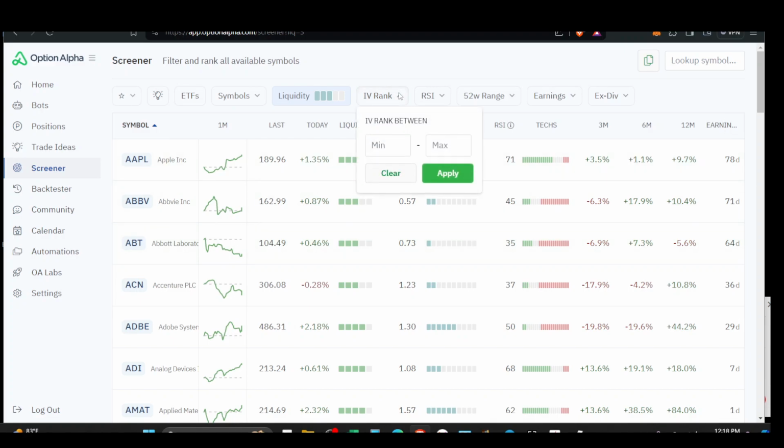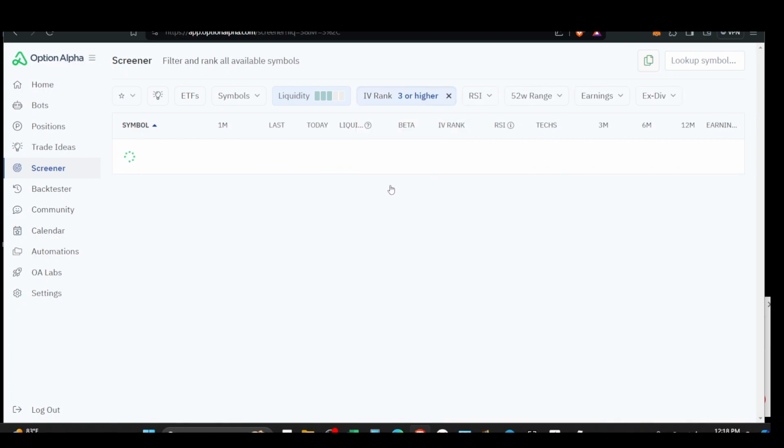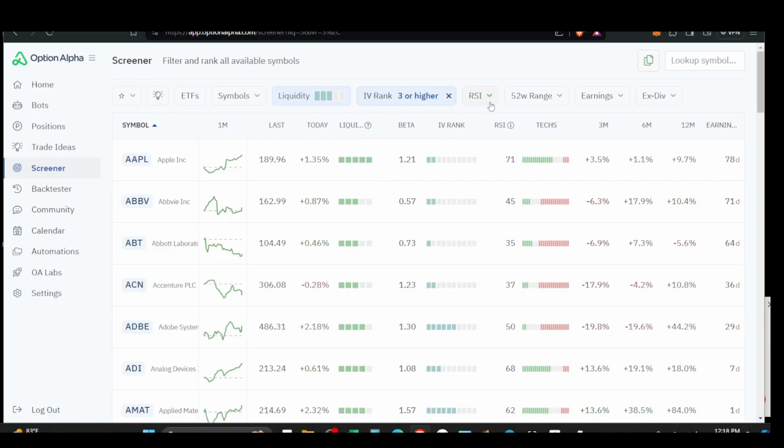And then IV rank, you can use whichever rank you want to use, and then also RSI. You can set up RSI, and then also ex-dividend and earnings and all kinds of things.